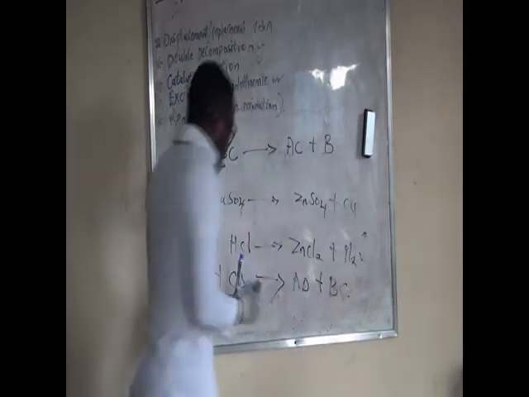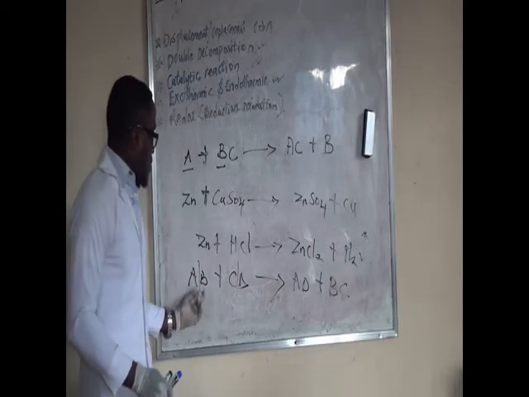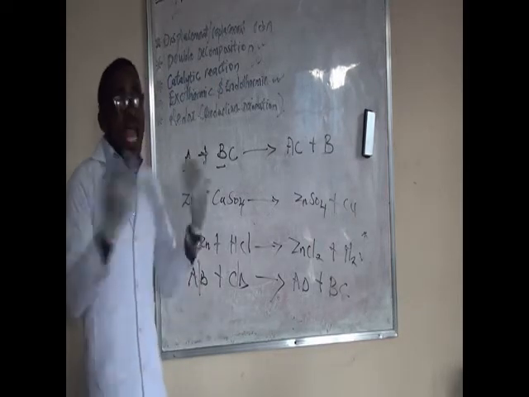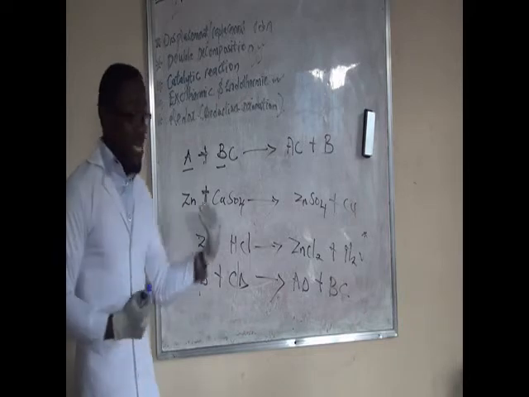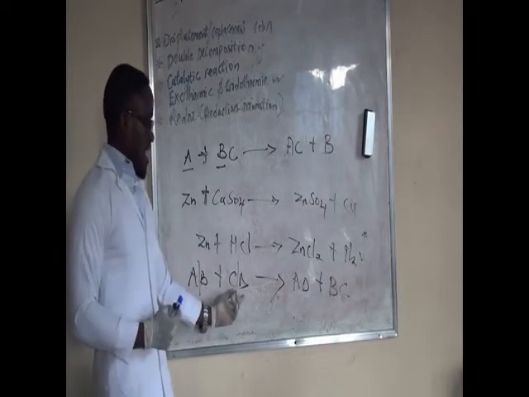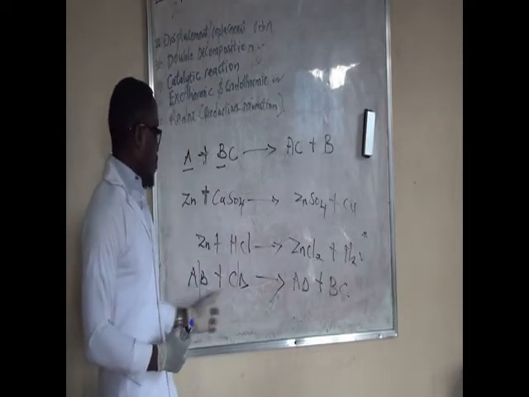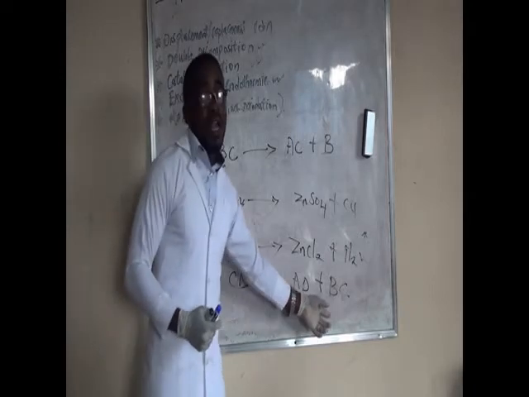BC. It means that in a decomposition reaction, there is a total exchange using ionic formula. Now, A will react with D to give another compound AD, and then B will react with C to give another compound, which is BC.